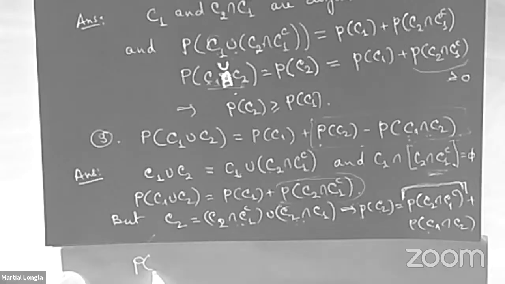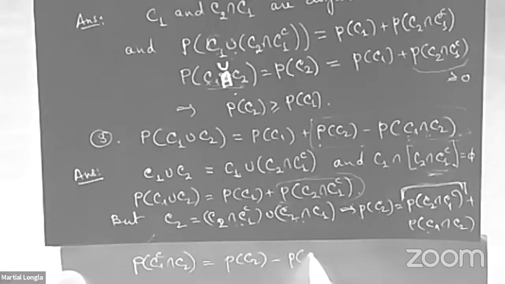P of C1 complement and C2 is P of C2 minus P of C1 and C2.